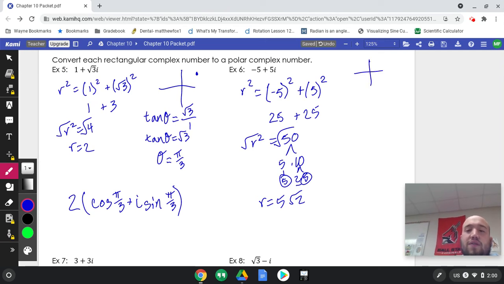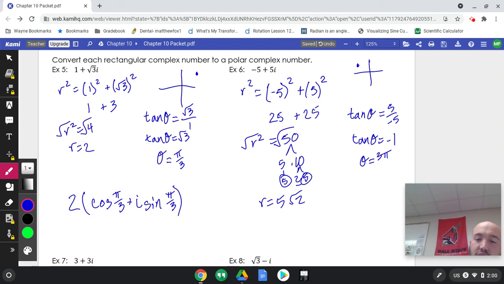Now, negative and then positive, so that's left and up, quadrant 2. Tangent of theta equals 5 over negative 5. That reduces to negative 1. When is it equal to negative 1? And that would be at 3 pi over 4. Keep in mind, there's 2 spots. It's also down here in quadrant 4. It's also equal at 7 pi over 4.